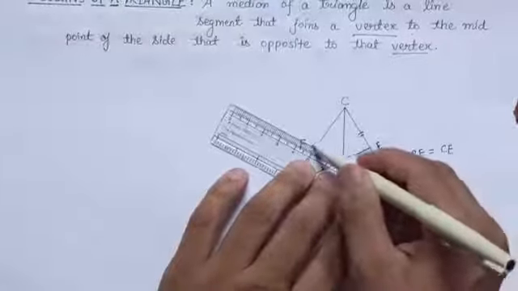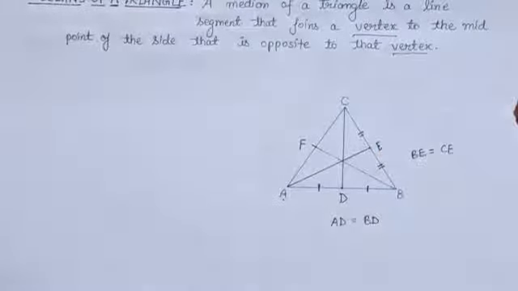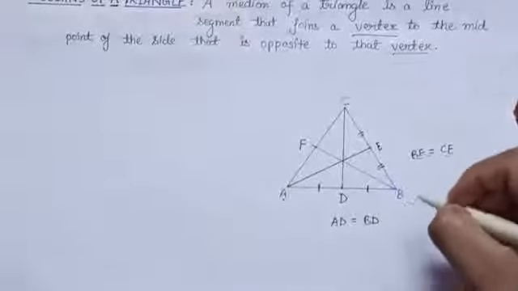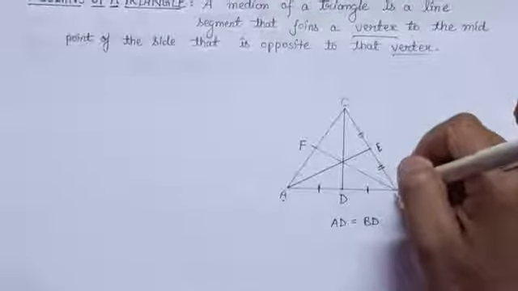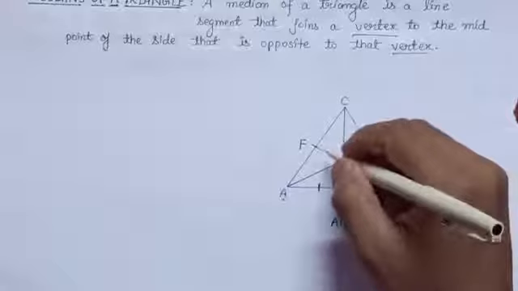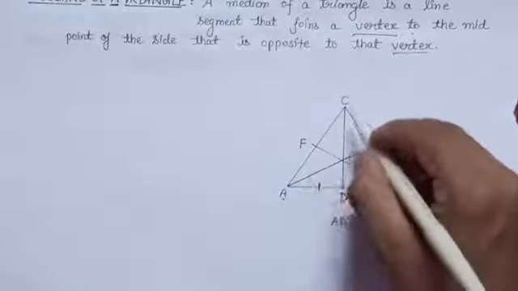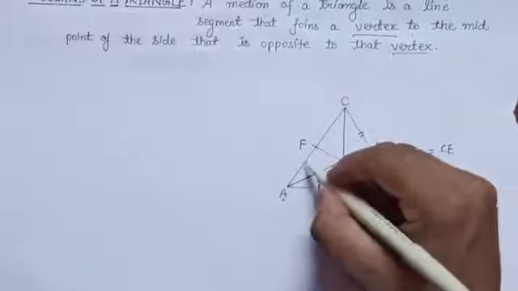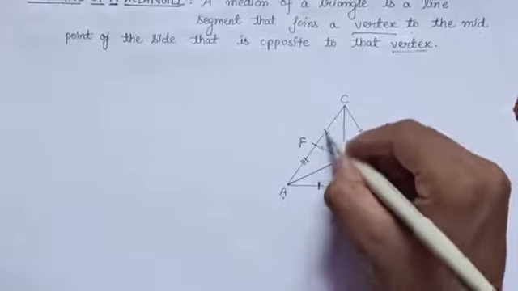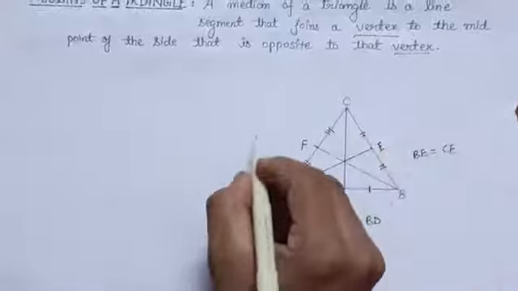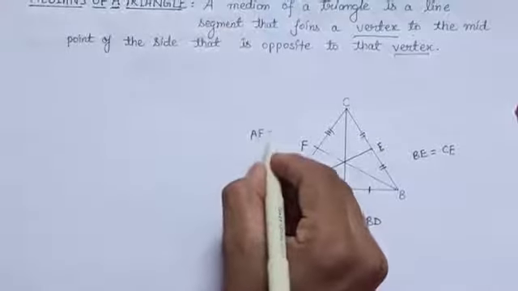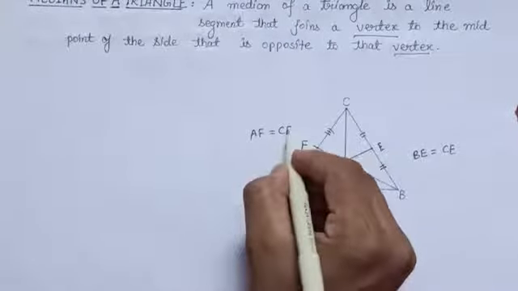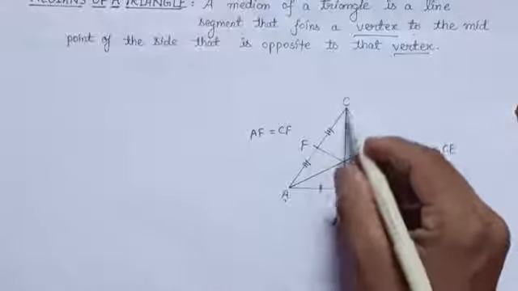We get a line segment BF. Now here we can say that BF is a median which divides the line segment AC into equal parts. That is, here AF is equal to CF.